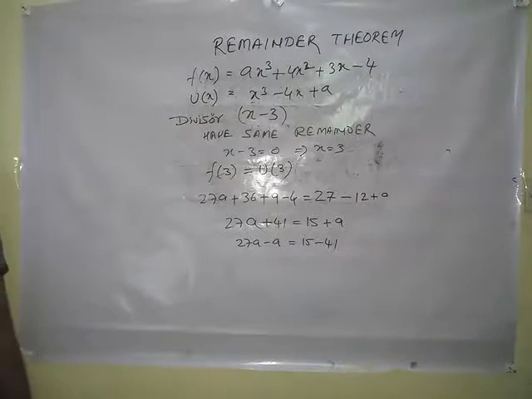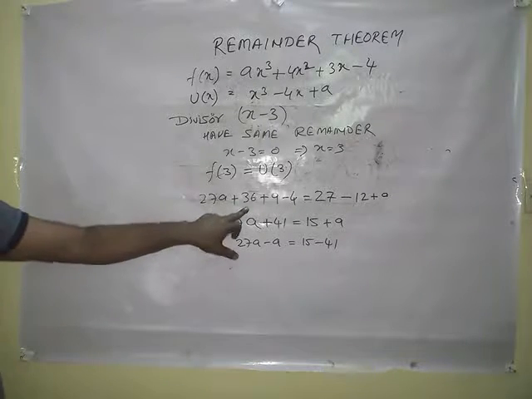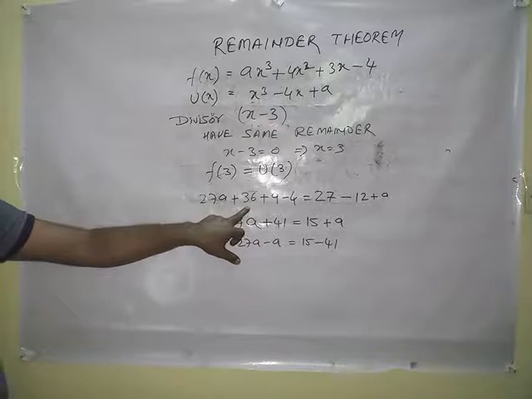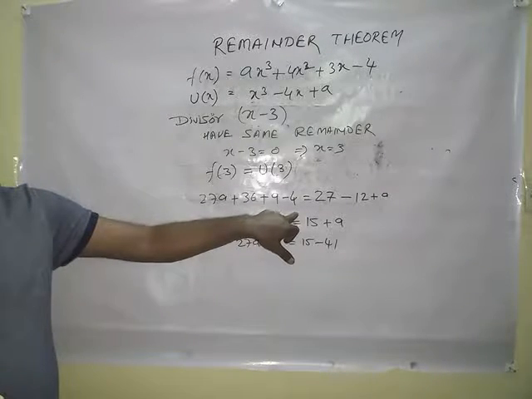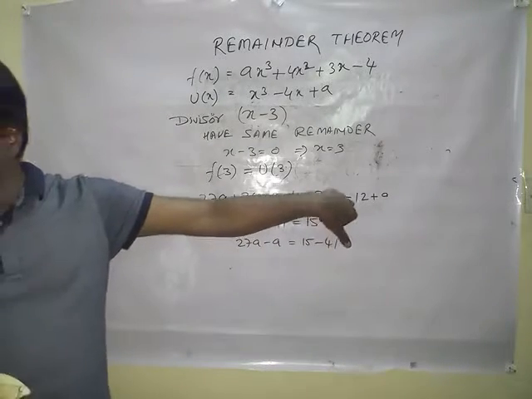So with this, when you solve, we did something wrong. 27a plus 36 plus 9 minus 4 is equal to 27 minus 12 plus a.